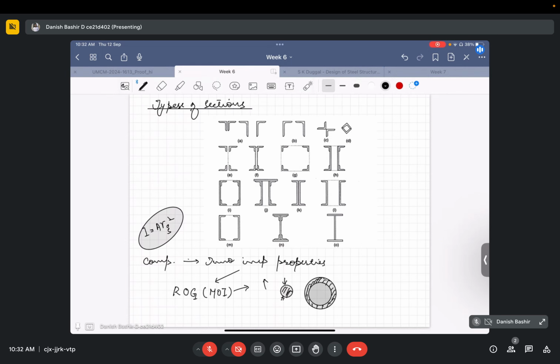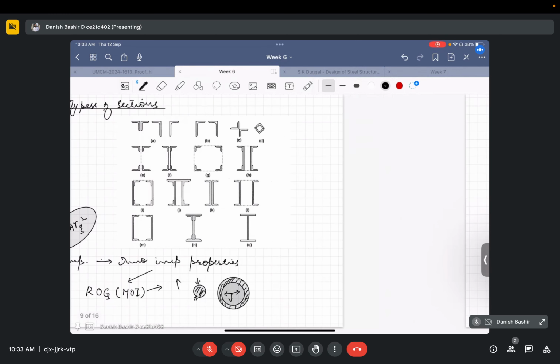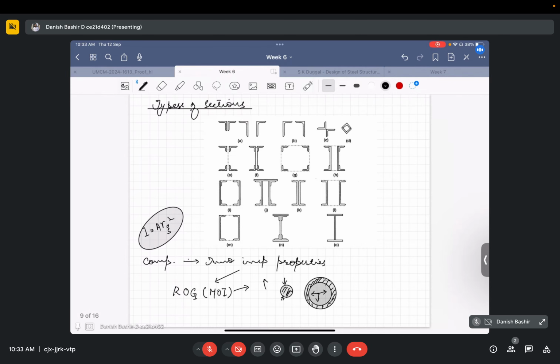We have spread it in all four directions. Spreading the material away from the axis makes the compression member ideal.